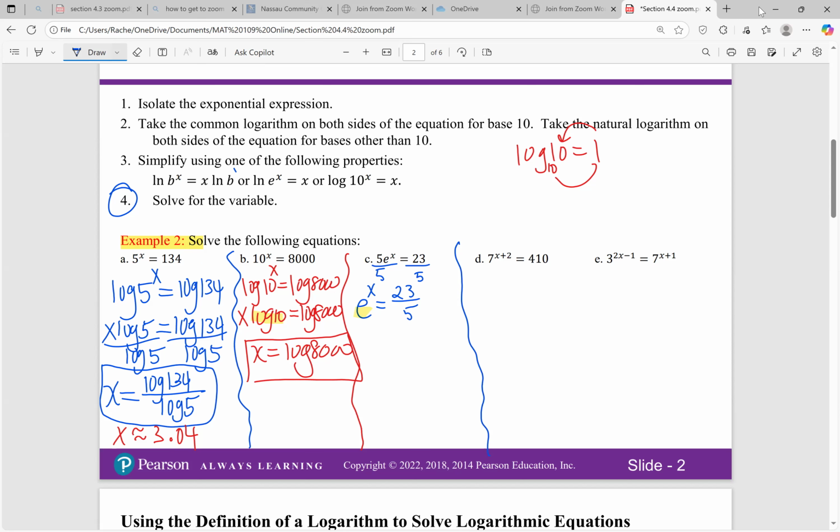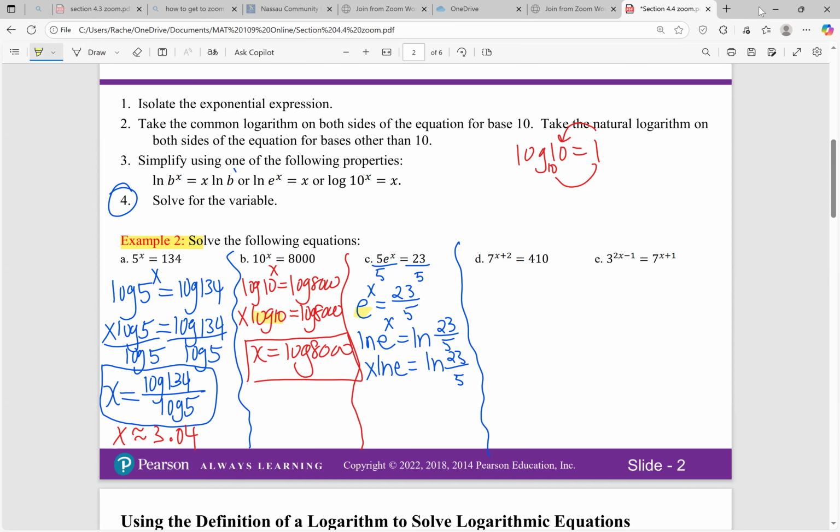And you'll see why this is going to be nice. So look, let's take the natural log of both sides. So the natural log of e to the x is going to be equal to the natural log of 23 over 5. Let's use our power rule. So this is going to be x times the natural log of e is equal to the natural log of 23 over 5.